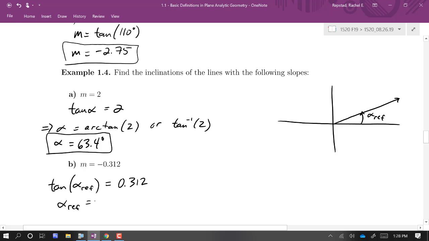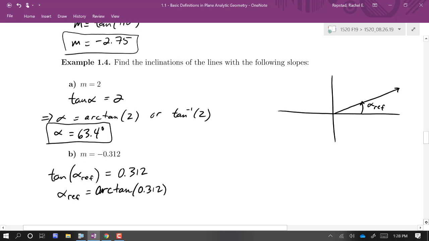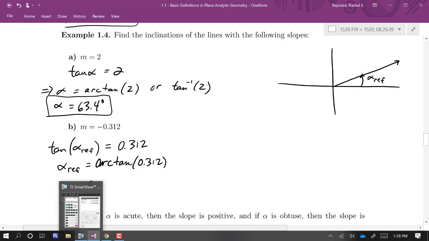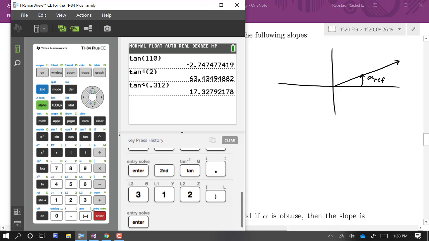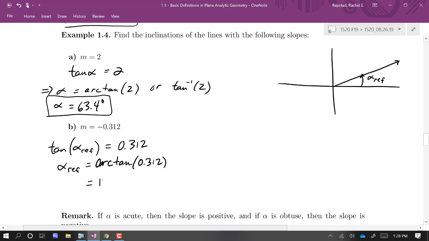So our reference angle is arctan of 0.312, which is 17.3 degrees. Now, what I really want is this angle over here, which is just a reflection across the y-axis. But the reason that I like using the reference angle is because that alpha ref is the same as this angle, right? There's alpha ref.